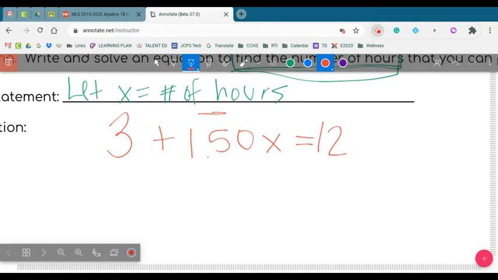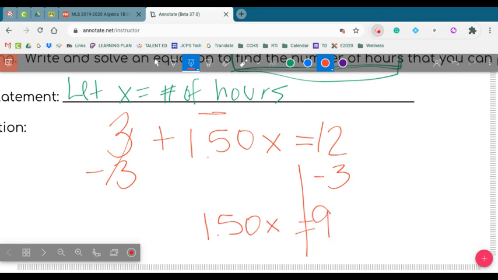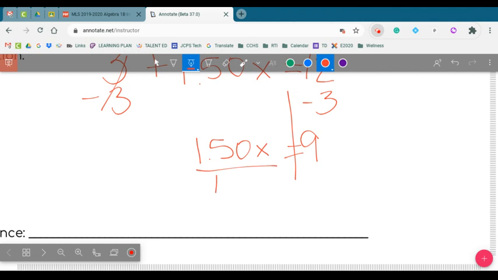So now we need to solve this. We want to get x by itself. We're going to draw our line down our equal sign. We're going to subtract 3. That cancels. We get 1.50x equals 9. We then divide both sides by 1.50. We will get x equals 6.